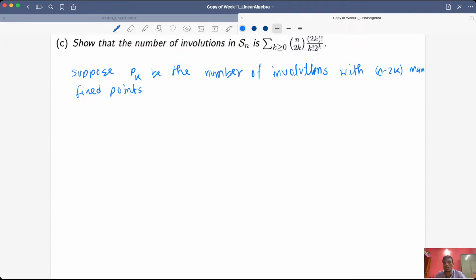That means these 2k elements form a product of k many transpositions, and the remaining are fixed points.